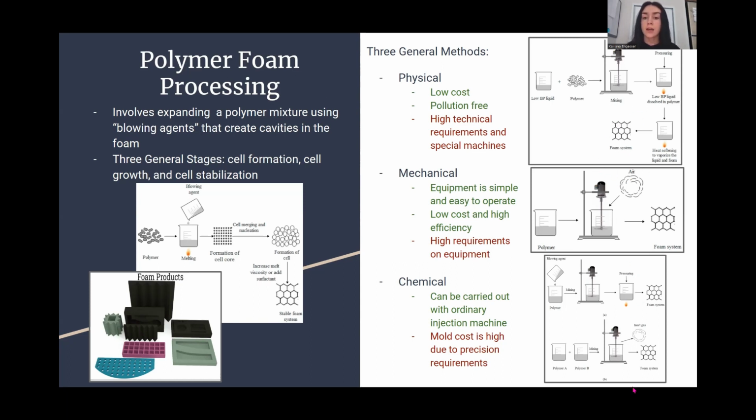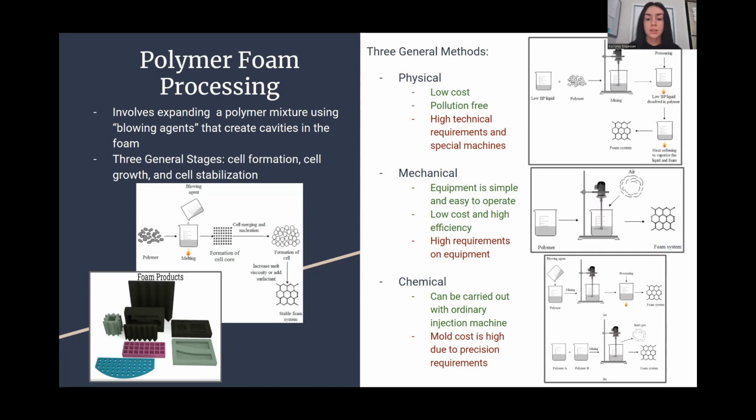And so now for advantages and disadvantages for physical, we have low cost and pollution free as some advantages. However, there are high technical requirements and special machines needed, which is a costly disadvantage. Now for mechanical, the equipment is simple and easy to operate.